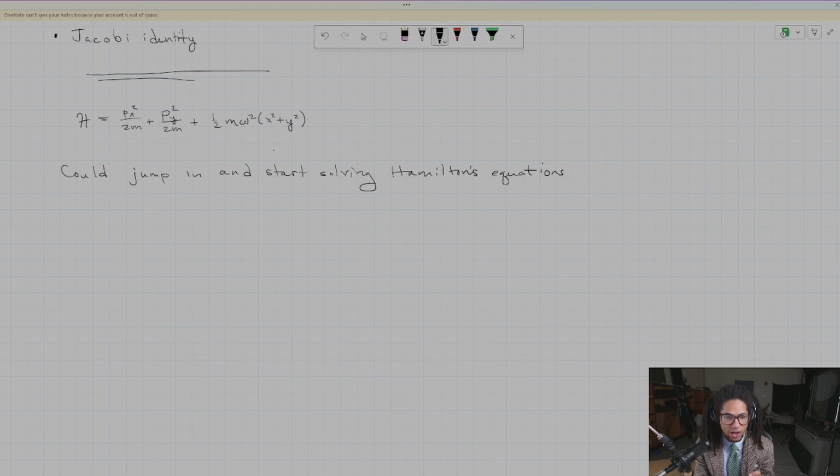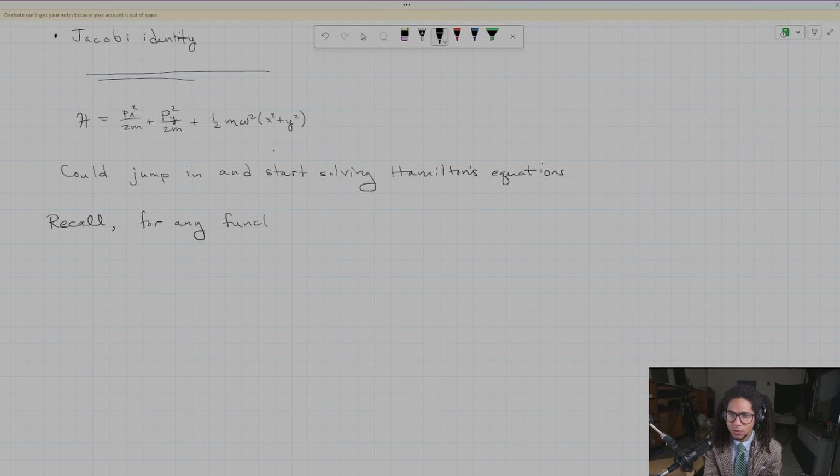But we have a different way of proceeding because we know, recall, for any function f, that the time derivative of f, and let me just be clear what I mean here, d/dt of f of q of t, p of t, which we'll denote by f dot, is equal to minus the Poisson bracket of H with f.